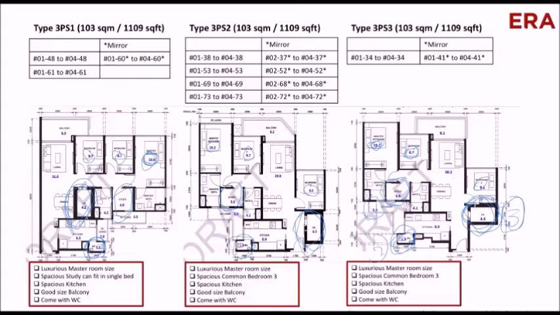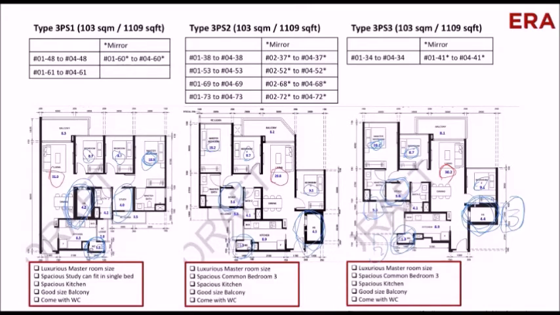So the space in the living, dining, all is more or less similar. Let's look back again. Our living and dining space over here, let me change to a different color, is 30.2, about 30, 29, this is 31.